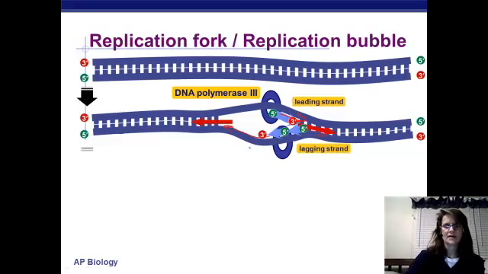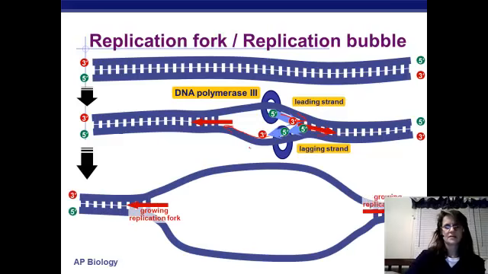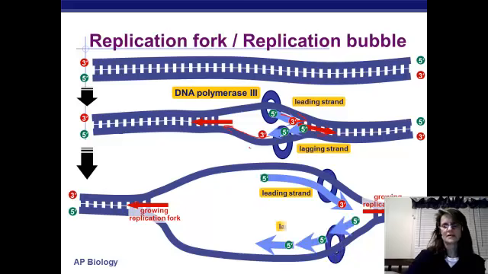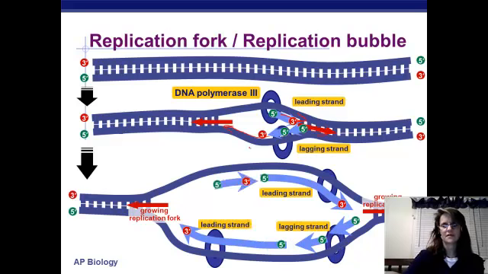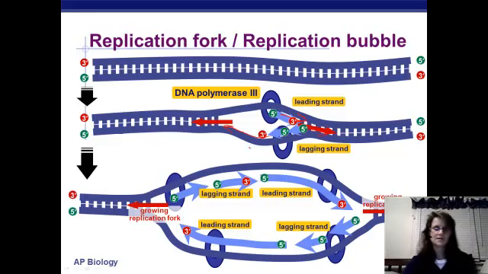So the lagging strand is going to be on opposite sides as we look at both sides of this replication fork. Can you see how that works? Okay, so that's what we're looking at. But just understand why that happens and why this happens.